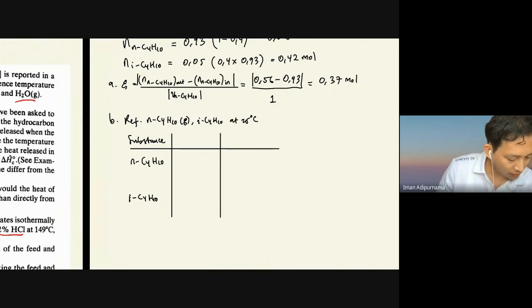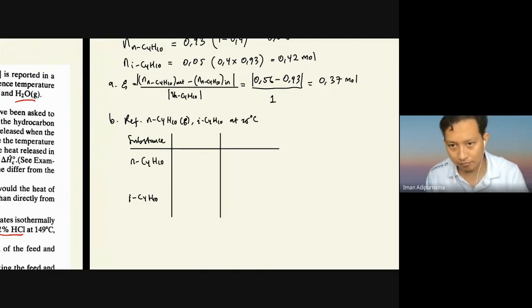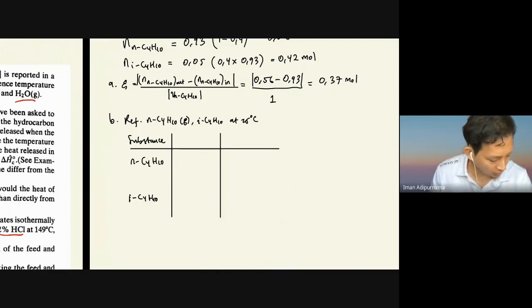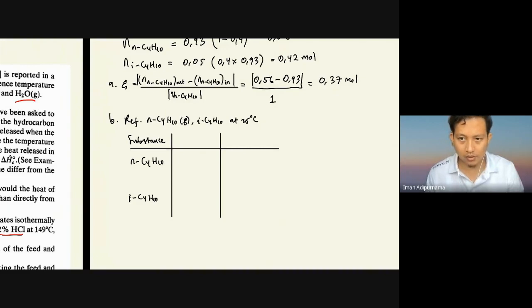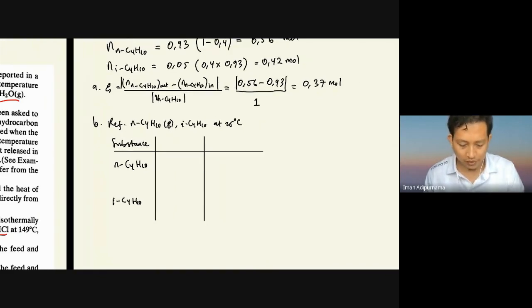I think number C, we can do number C first instead of B, because we can calculate the required rate of heat. Oh, no. Let's just state number B first.